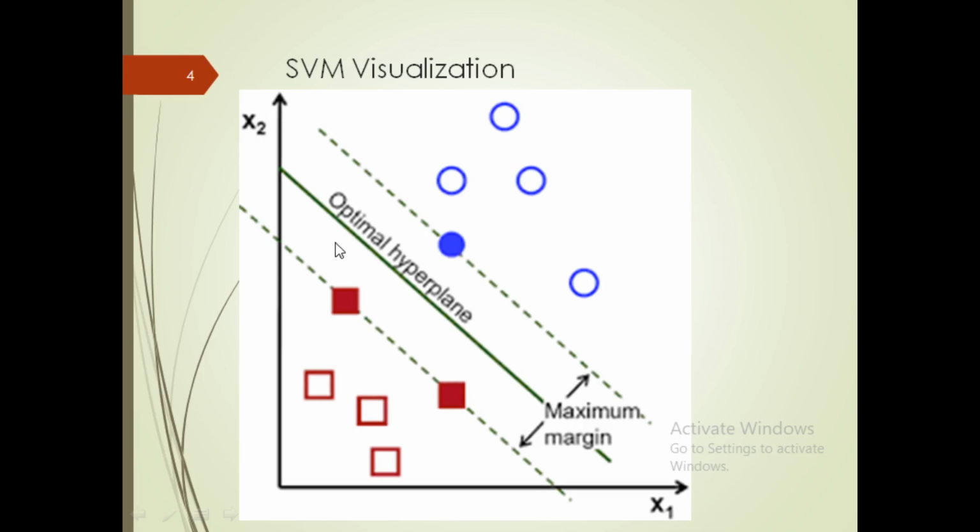We will not compare the given point with all the data points from the square class and the circle class. Here we will just be comparing it with the support vectors. Actually, I forgot to mention: the points which are present on this particular line, we call them support vectors. That is what support vector machines are.